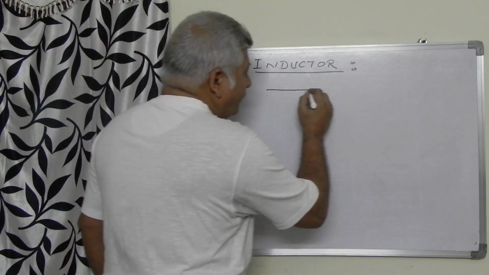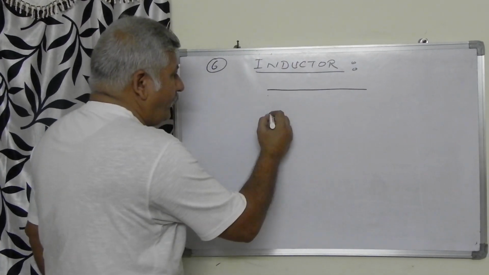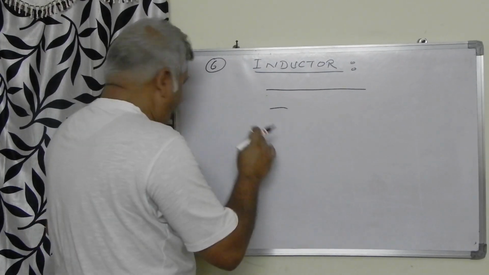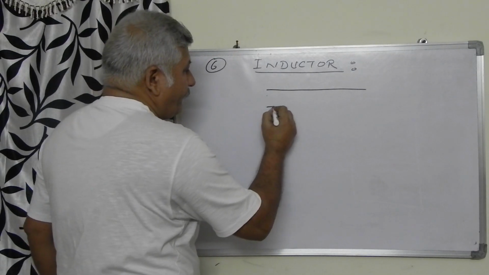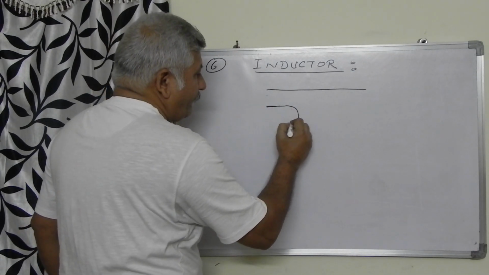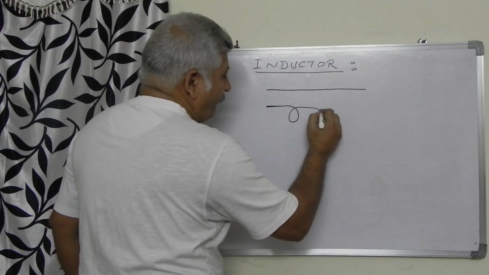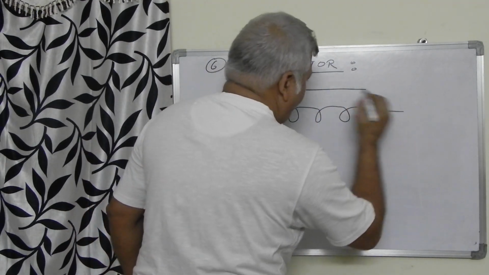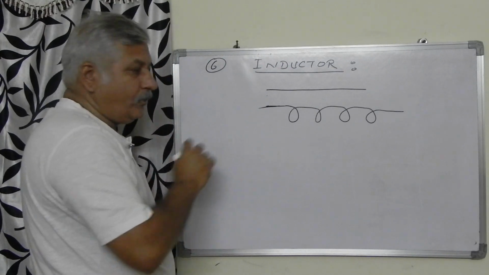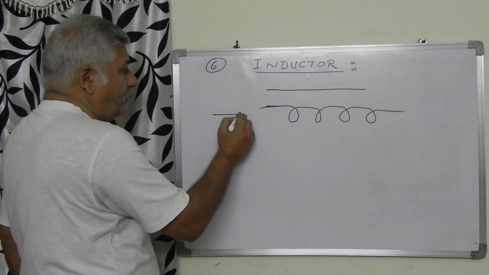Suppose this is a simple wire. Now what we will do, we will make turns in this wire like this. So this is an inductor.